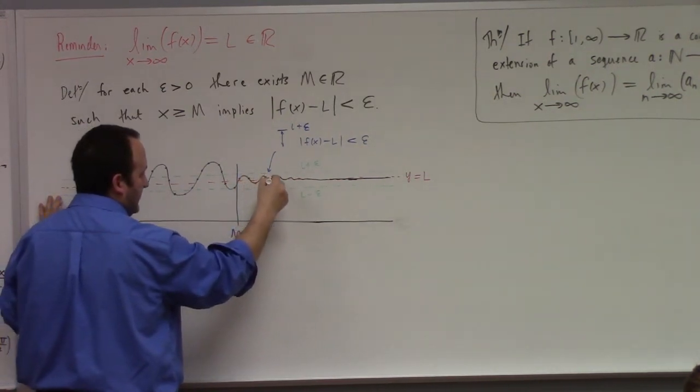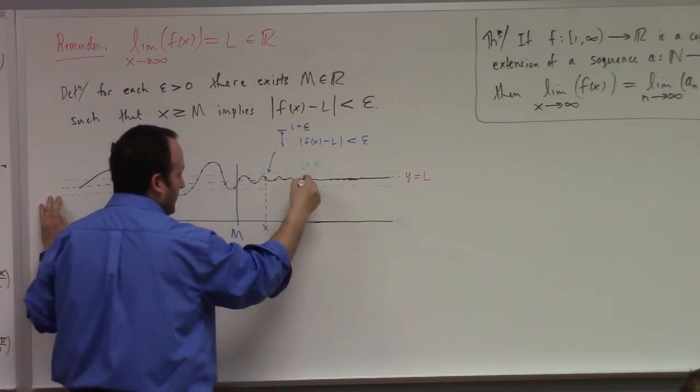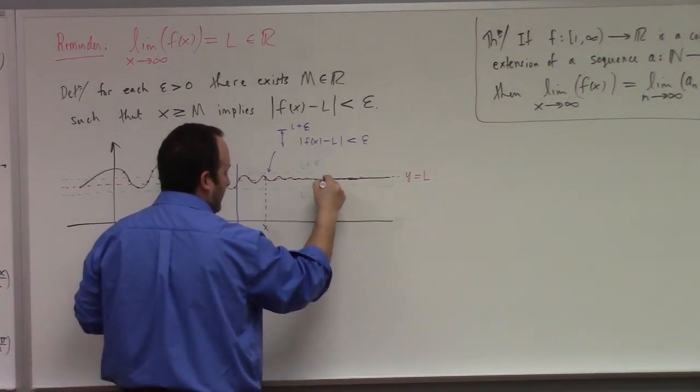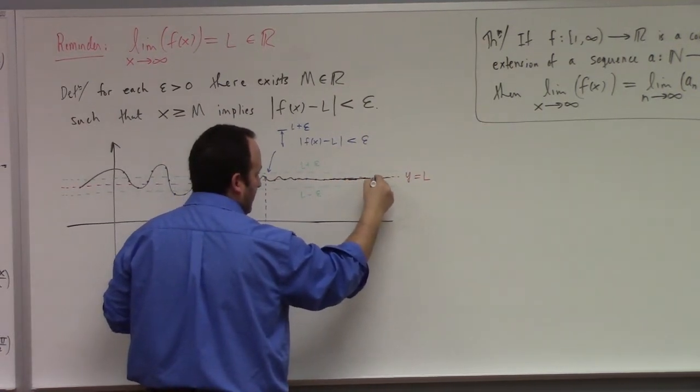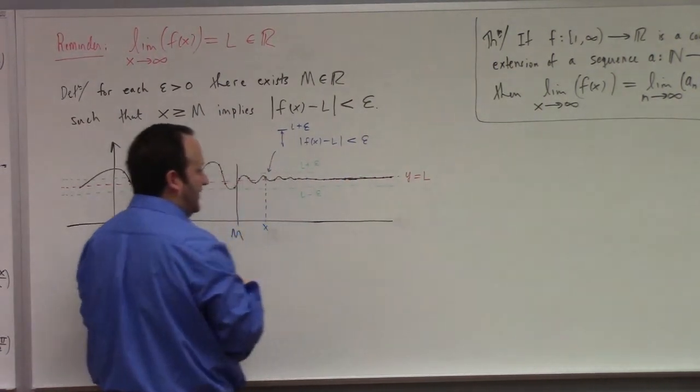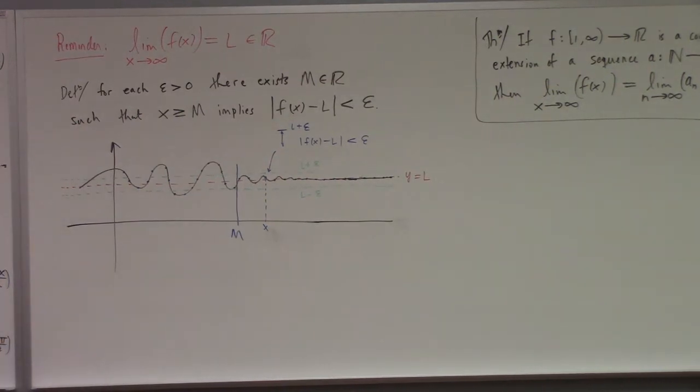All right, and so what the theorem says is that the limiting behavior of the continuous extension of a sequence and the sequence share the same fate. They share the same limit. Furthermore, if a function continuously extends a sequence, and that function has a limit which does not exist, guess what? The sequence also does not.